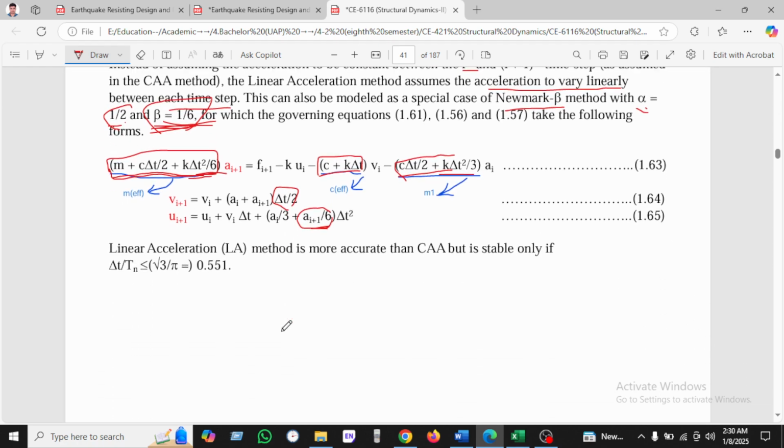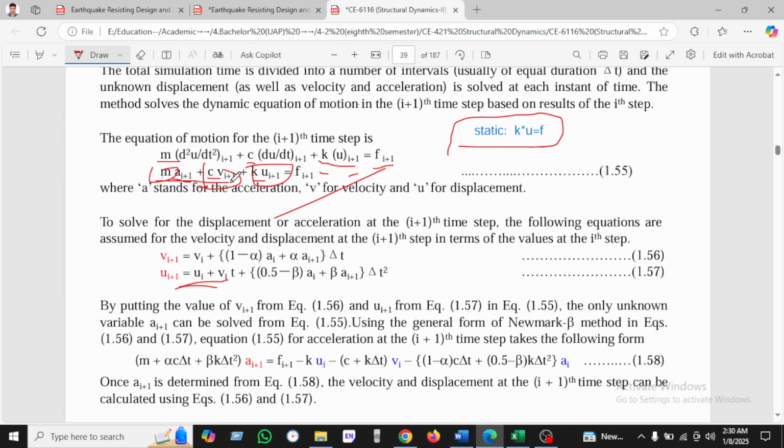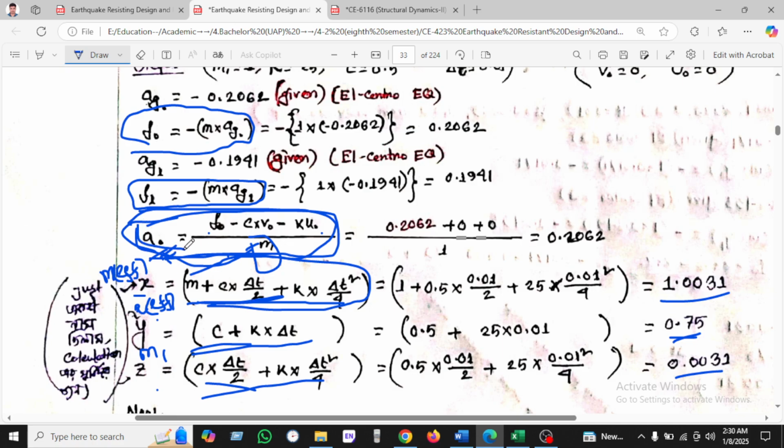We have seen in the main equation of the constant average acceleration method, which is the Newmark-Beta method, and we are taking from it, here we take m minus k minus kb. Kb is taken here, and minus cb also kb here, and divided by a. So this equation will be formed like this, and found like this.